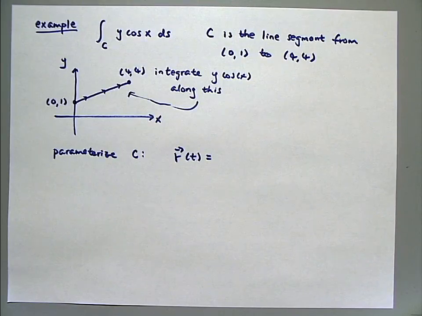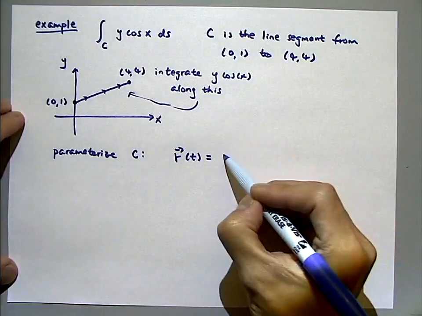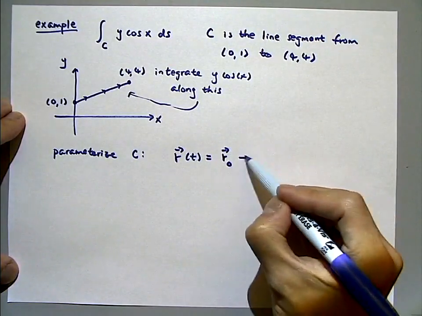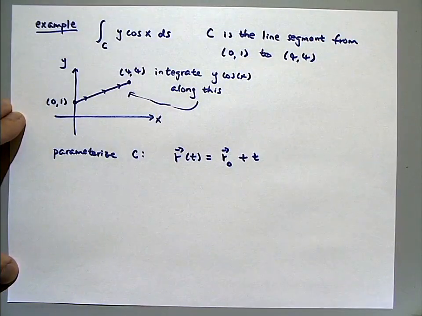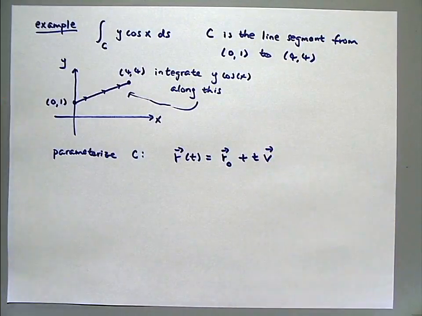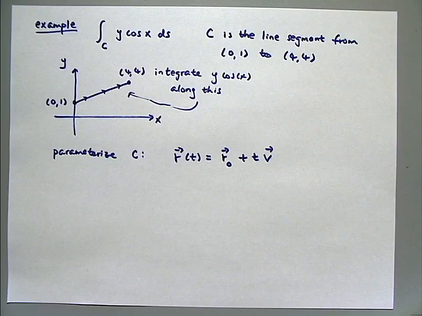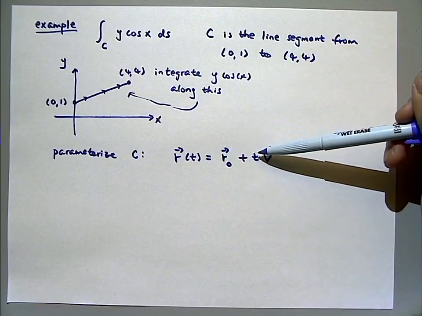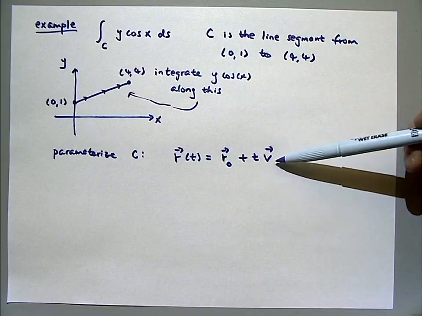No one? How about this? Some vector to a point plus the parameter t times the vector v, giving us the direction. Remember? This was a while back, but, right? A vector to a point, and parameter, and direction.